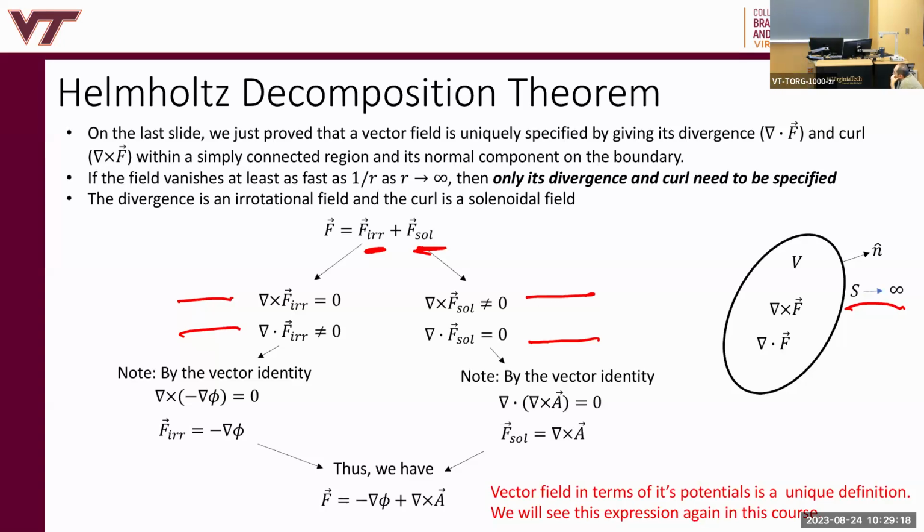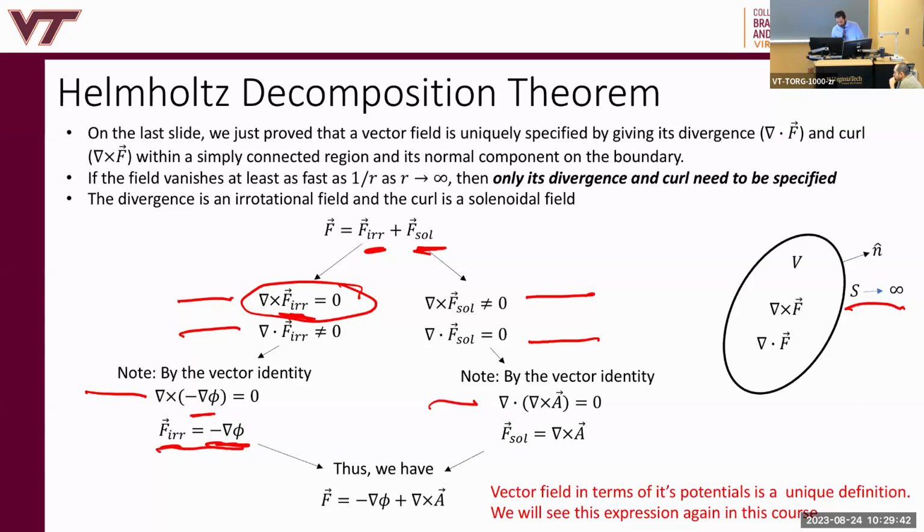And so we can also show, by this identity that I pulled out earlier, that the curl of negative gradient of phi is equal to 0. We can say that F irrotational is equal to negative gradient of phi, because the curl is equal to 0 for the irrotational part. That's one thing.